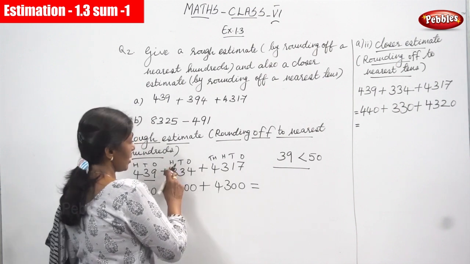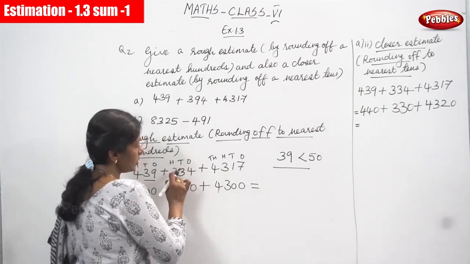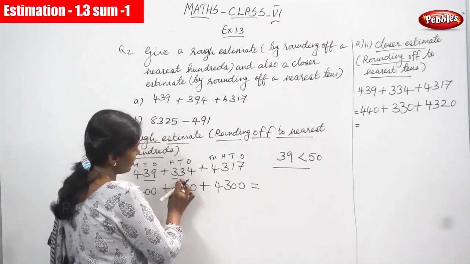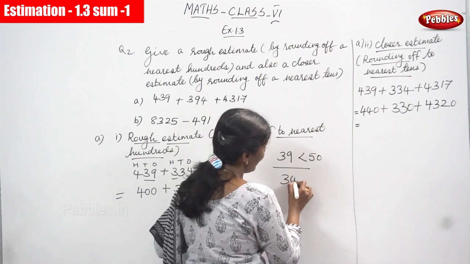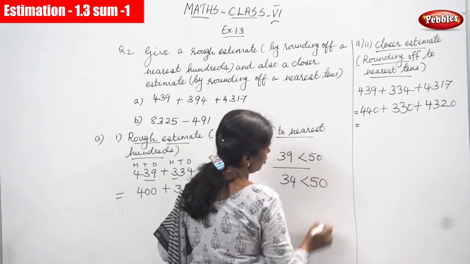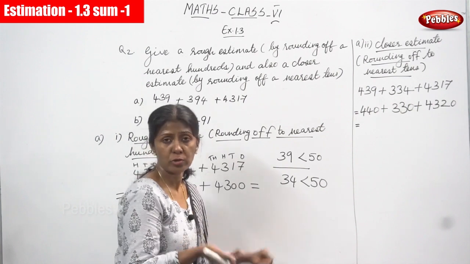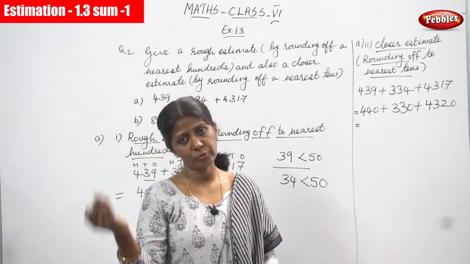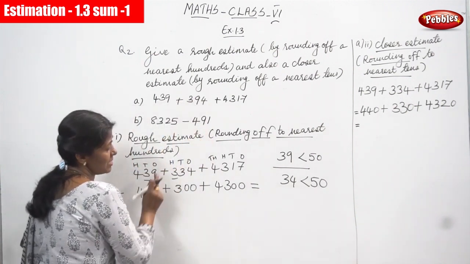Next again, 394. Look at this, the 100 place value is 3, but you should not consider only the 100 place, you have to consider the tens and ones place also. What is the number? 94. Wait, this is 94, and it is what is considered. The rule is, if it is 50 and above, you add 1 to the 100 place value.